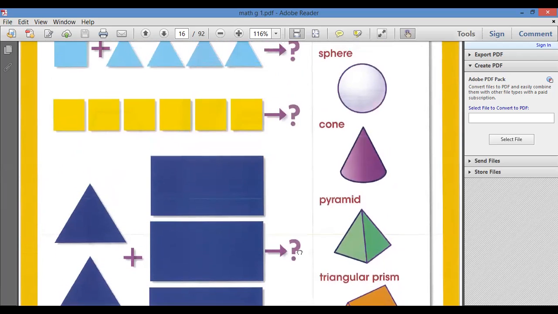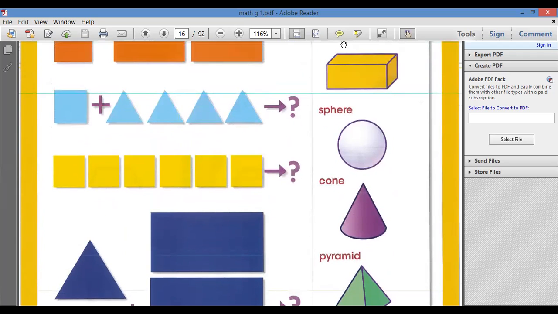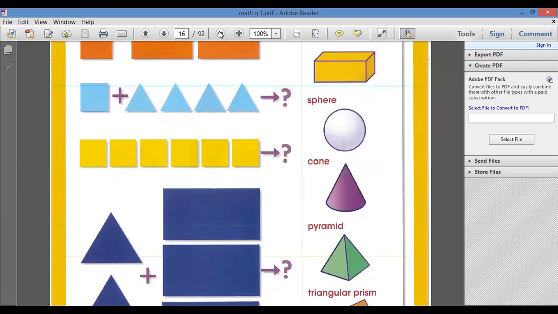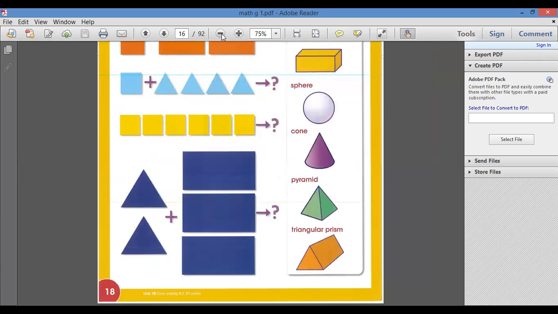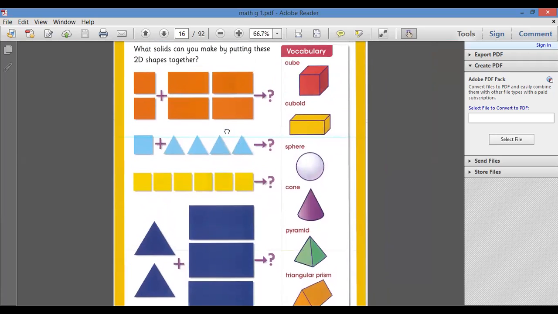Okay, boys, are you ready? We are going to match them with the pencils. Can you see the screen, boys?